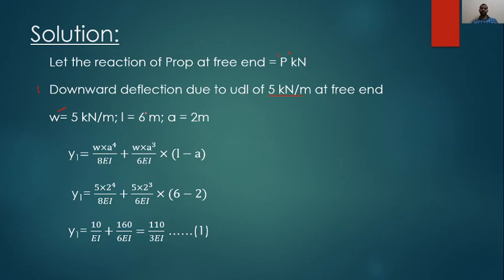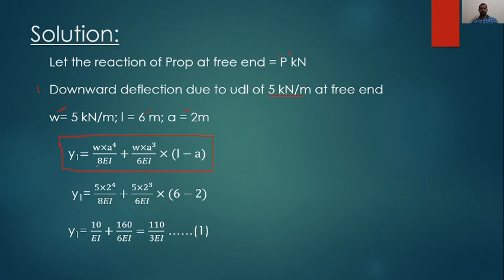The overall span is 6 meters, and a is the distance from the fixed end up to which the UDL is spread, that is a is equal to 2 meters. And for this particular case, with the partial UDL from the fixed support, we have this formula. Maximum deflection is equal to w a to the power 4 by 8EI plus w a cubed by 6EI into (L minus a).